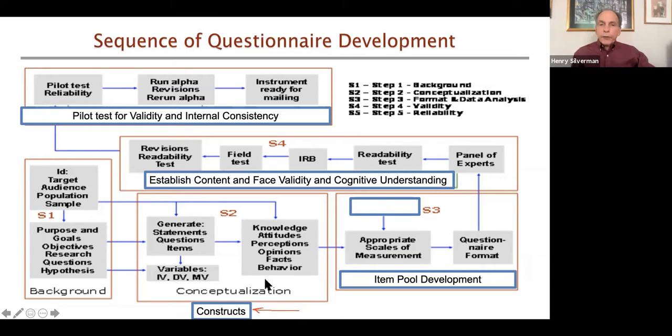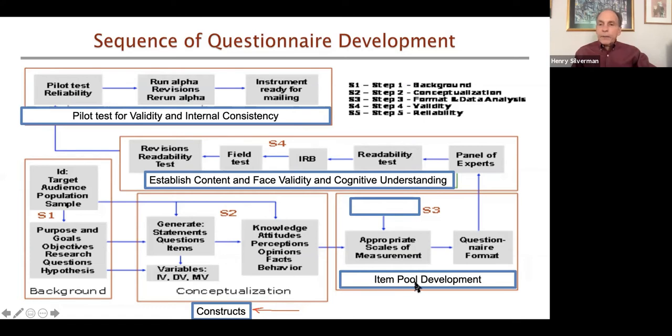This is where you also decide whether you want to assess knowledge, attitudes, perceptions, opinions, facts, behavior, or self-reported practices, and then you want to start generating some statements or questions. But to help you generate the questions, what do you do? Do you take these questions out of thin air?